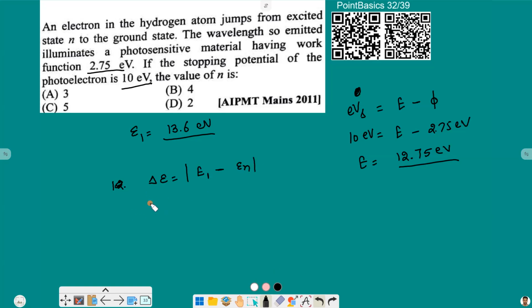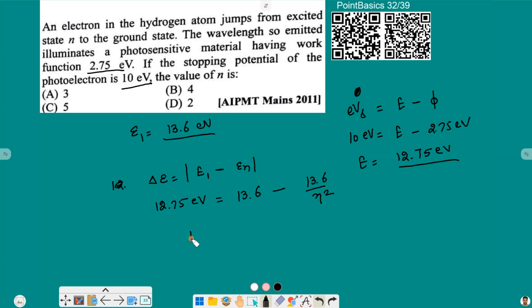So if I write it in a properly formatted manner, 12.75 electron volt is equal to 13.6 (the energy of the first level) minus 13.6 by n square, that is the energy of the nth level.